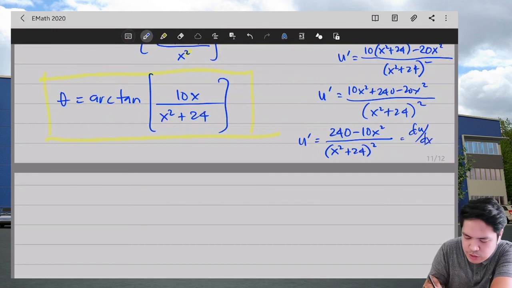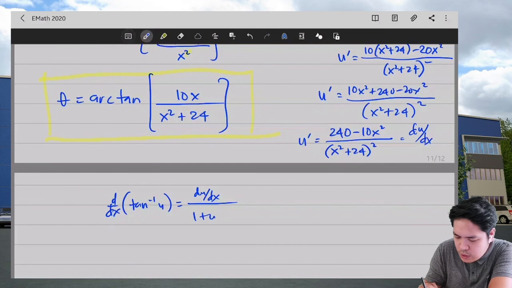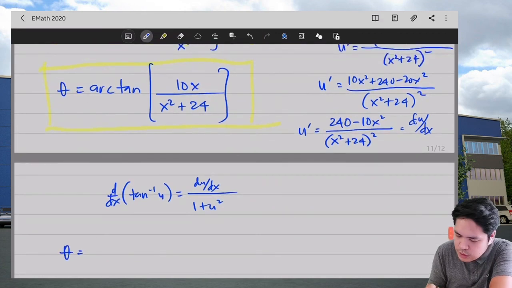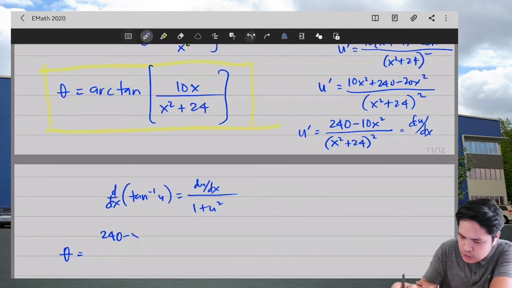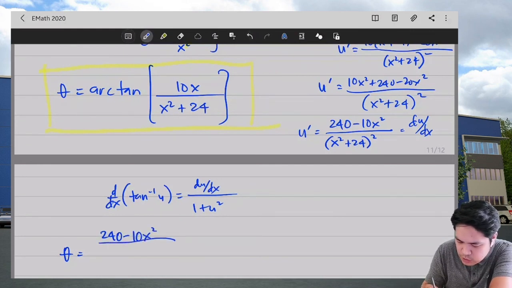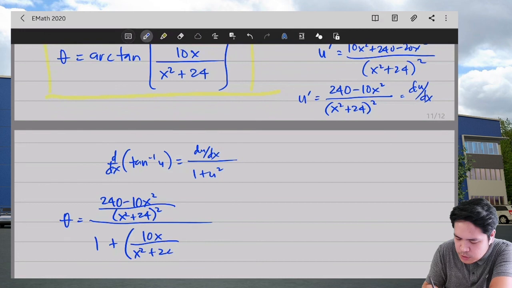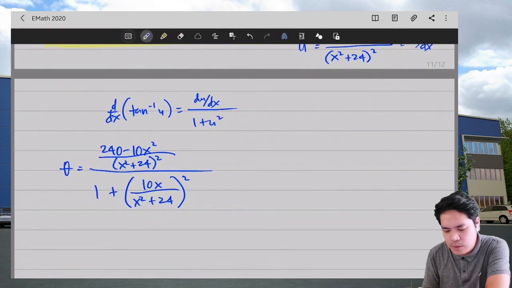Again, we know that the derivative of arc tangent u is equal to du over dx over 1 plus u squared. So therefore, theta prime is equal to our du over dx, which is now 240 minus 10x squared over x squared plus 24 squared, divided by 1 plus u squared, where u is 10x over x squared plus 24, squared.